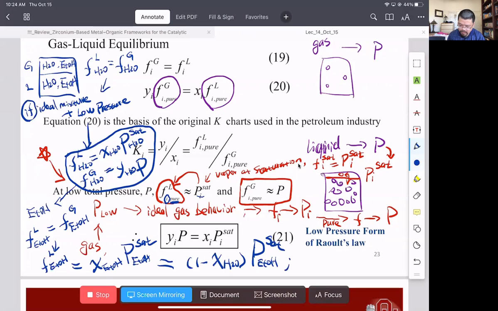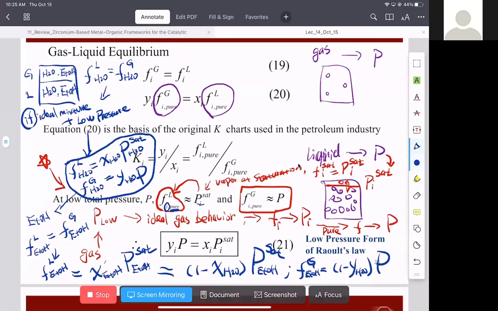Similarly, in the gas phase would be 1 minus y water multiplied by the total pressure. Okay, this is a very busy slide, but I hope you can take a look at those busy notes and see if you are happy with those concepts.